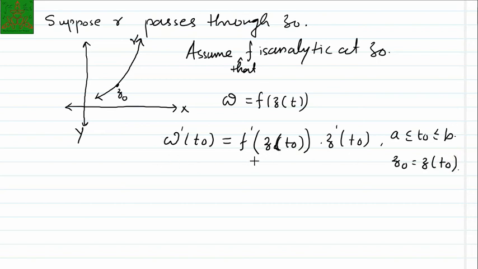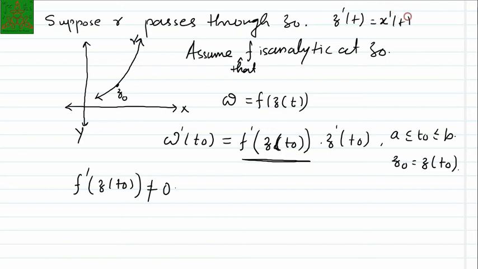Now, the requirement we are taking is that this derivative f dash of z of t0 is non-zero, and also, since this is a smooth curve and not a straight line, z dash of t0 is also non-zero.